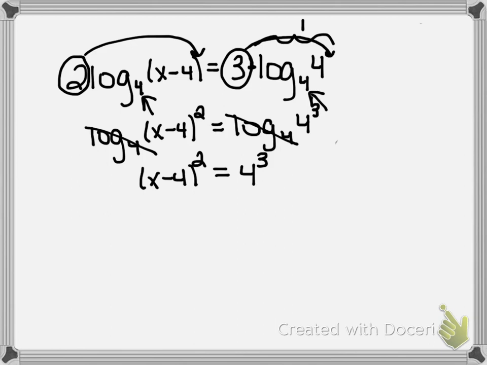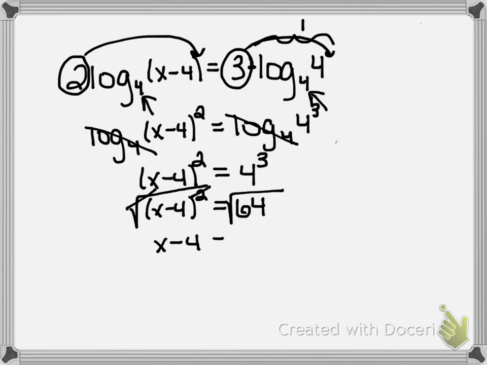So we have (x minus 4) squared over here, and 4 cubed is 64. And then to get rid of the squared, we would square root both sides. So we would have x minus 4 is equal to 8.